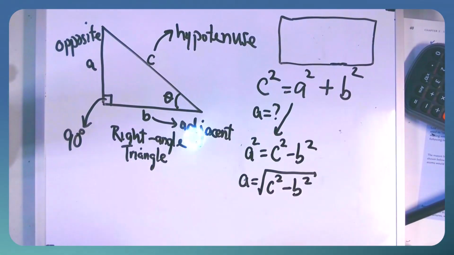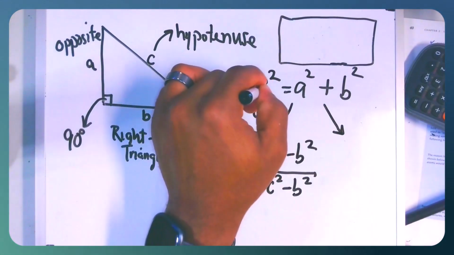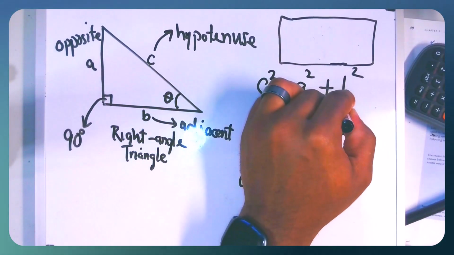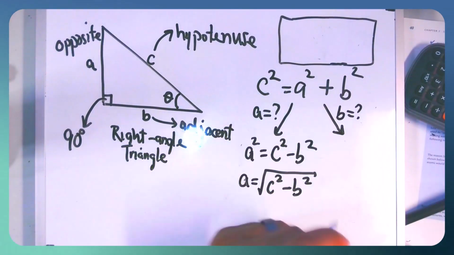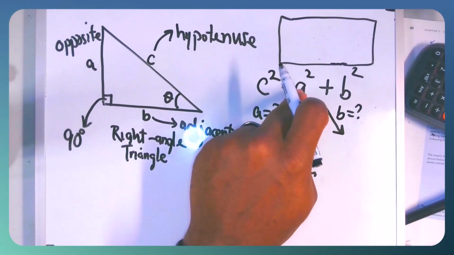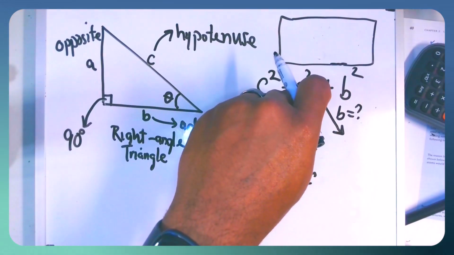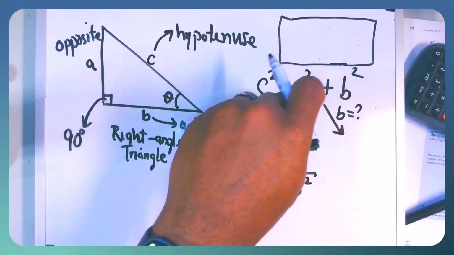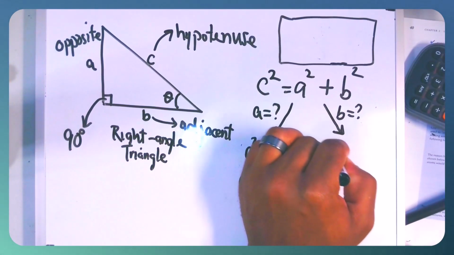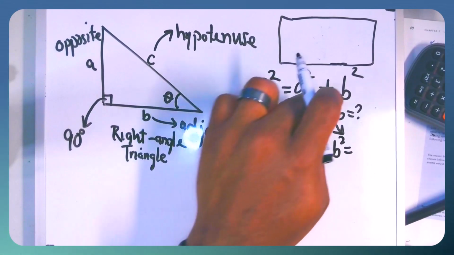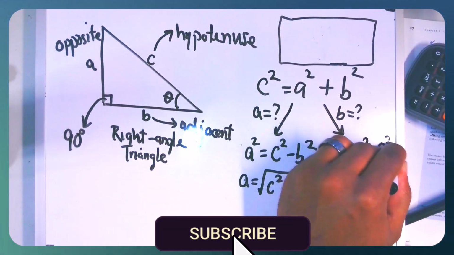Now likewise on the other side, if you're given C and A but you're asked to find the value of B, we do the same thing. We have positive A squared here, and we have to move it to the other side of the equal sign, which means it becomes negative A squared. Therefore B squared is equal to C squared minus A squared.